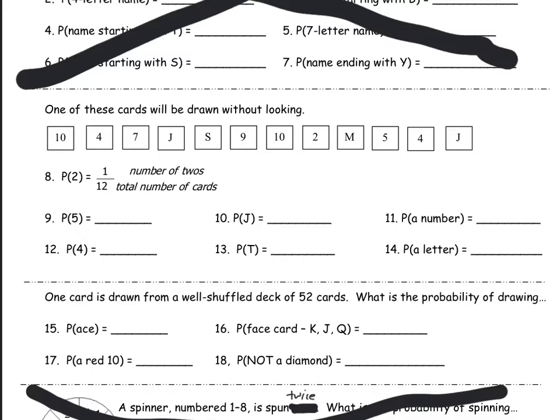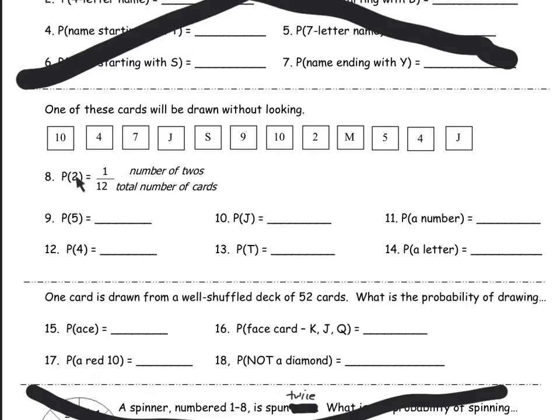Okay, first one. It says here, one of these cards will be drawn without looking. These are the cards that are here. For example, number 8, they did it for you already. They want to know the probability of you getting a 2. In this case, there's 12 total cards here, and the number of 2s is 1.